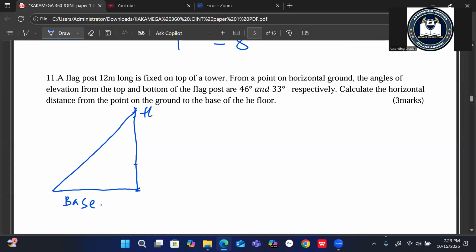This is our flag post. This is our tower. So a flag post 12 meters long. We are told that the height of the flag post is 12 meters.